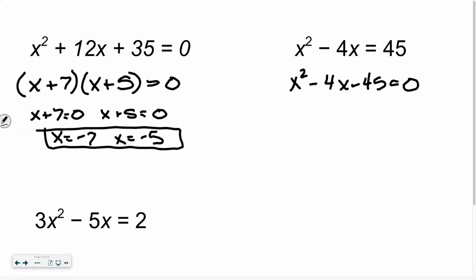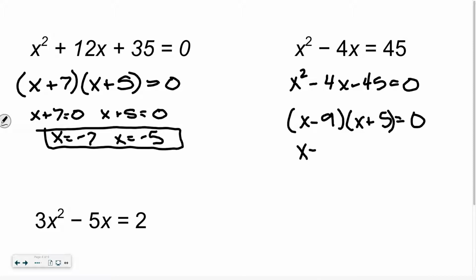Anybody got our factors for x squared minus 4x minus 45? -9 and +5. -9 times 5 is -45. -9 plus 5 is -4. Okay, so x minus 9, x plus 5 equals 0.